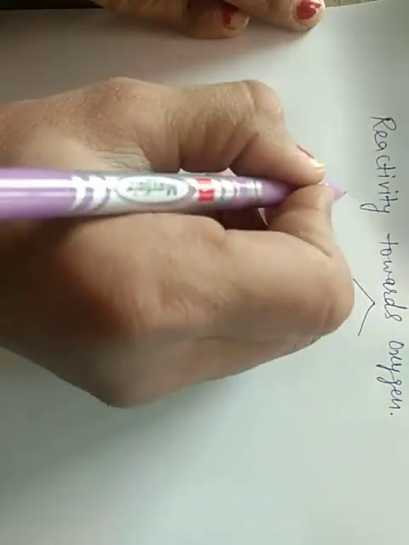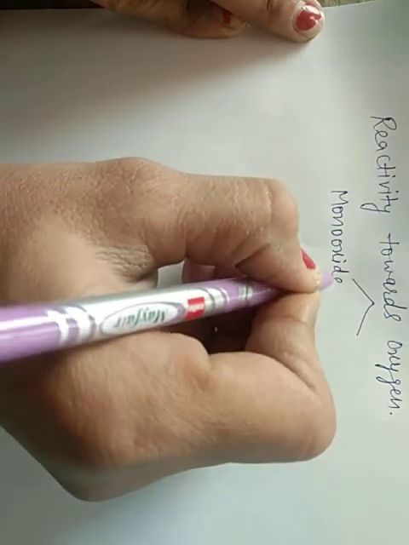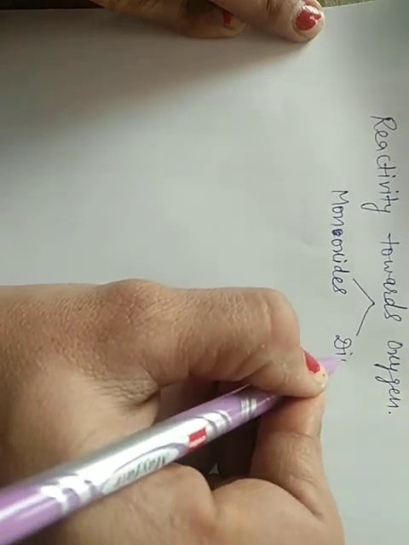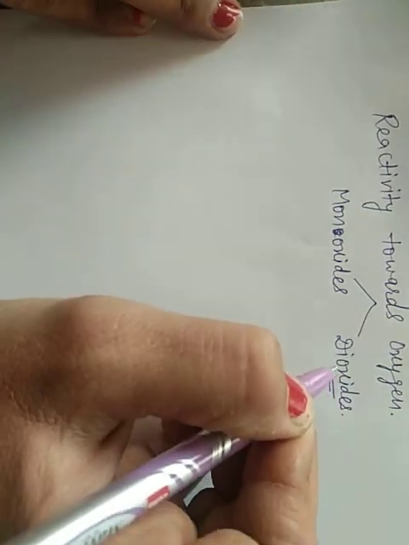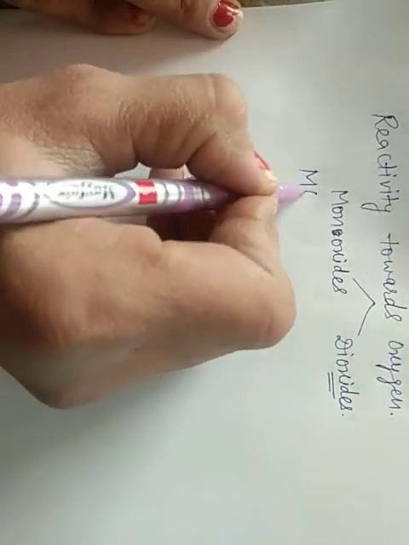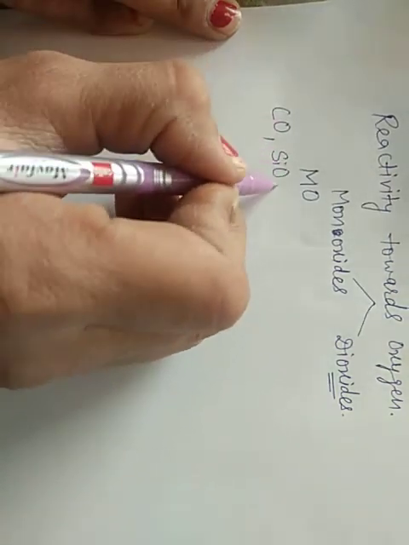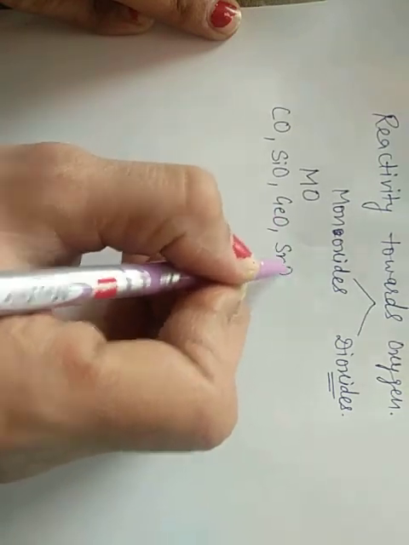First is monoxides and second is dioxides. In case of monoxides, the general formula is MO, like CO, silicon oxide, germanium oxide, tin oxide, and PbO.